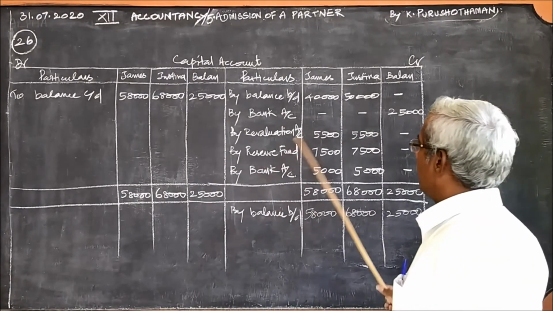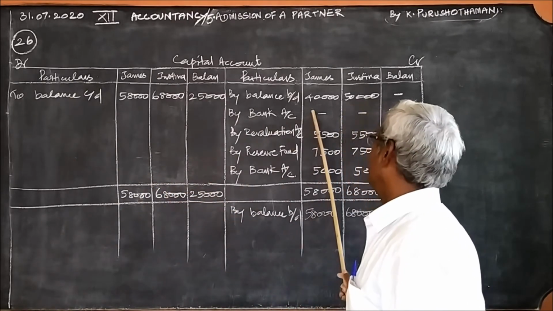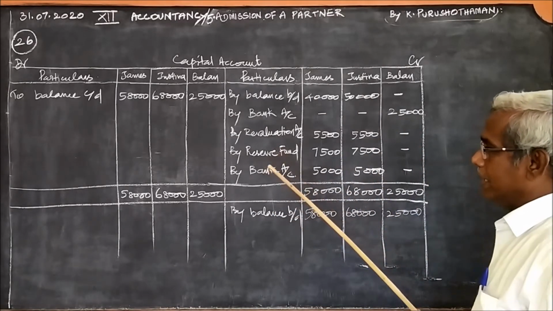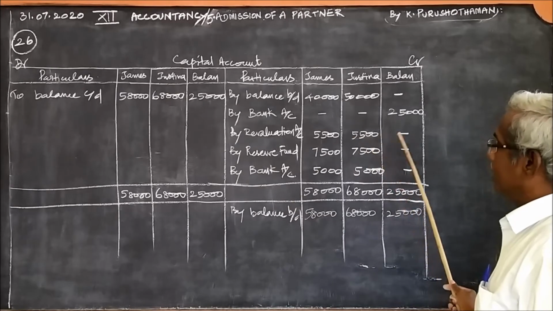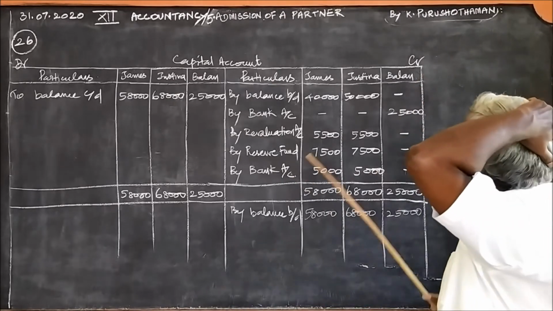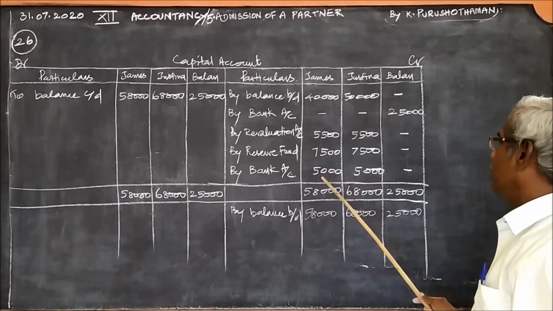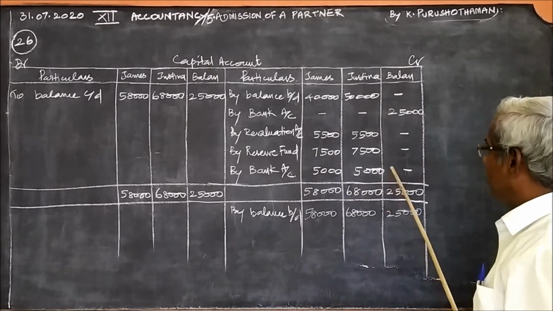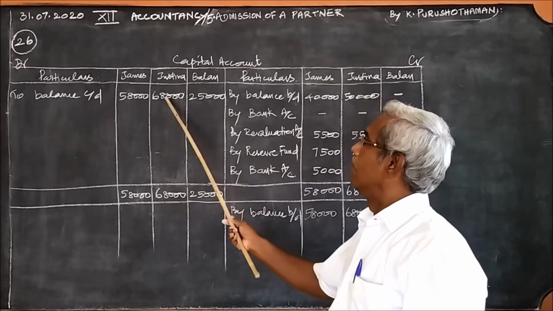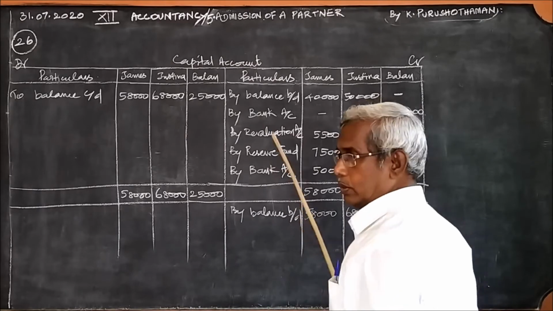If there is a revaluation profit, we write it here; if there is any loss, on the debit side. In this problem it is revaluation profit, therefore we have written it on the credit side. Reserve fund 15,000 is divided equally because the partners are equal. Then the goodwill brought in by the new partner Bolan is divided among the old partners, 5,000 each. So you find the total 58, 68, 25. There is no amount on the other side, therefore we write the same in carried down and also in brought down.